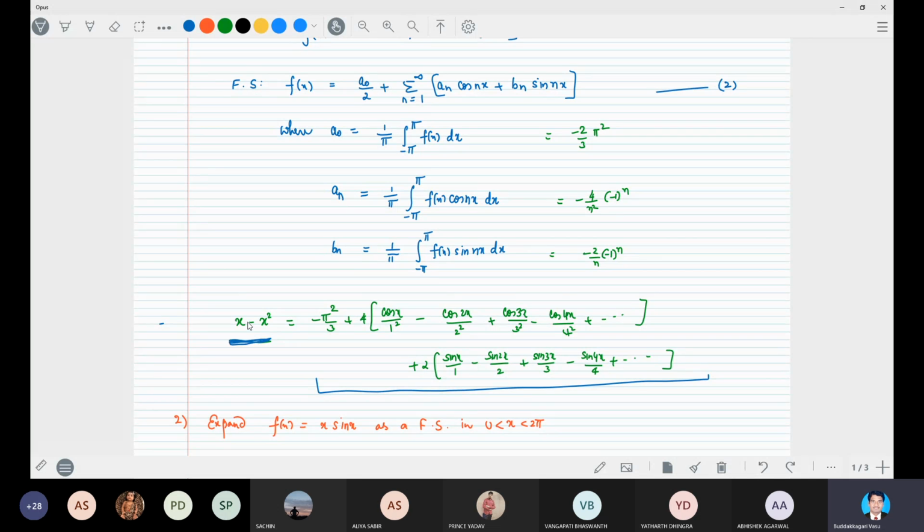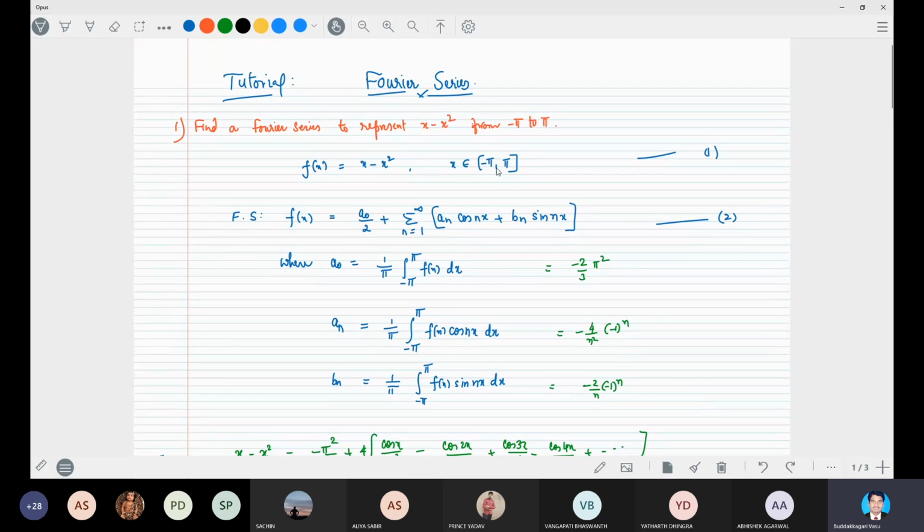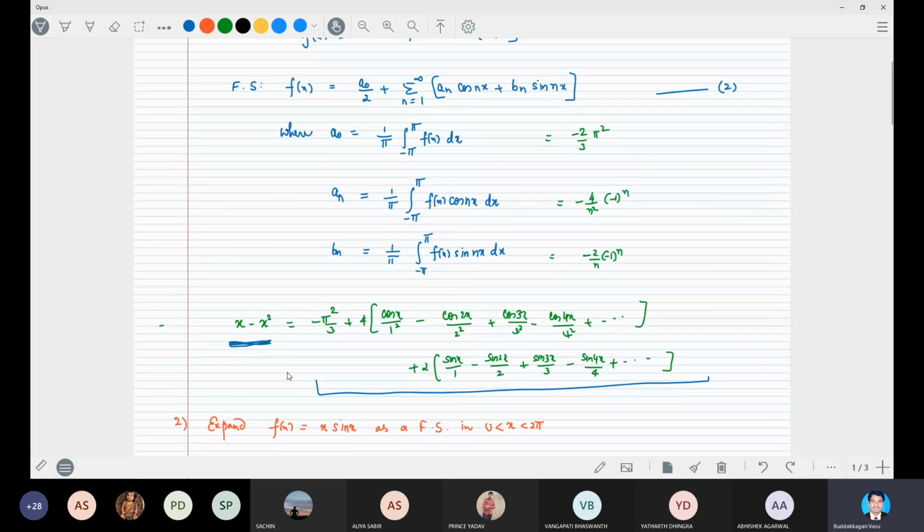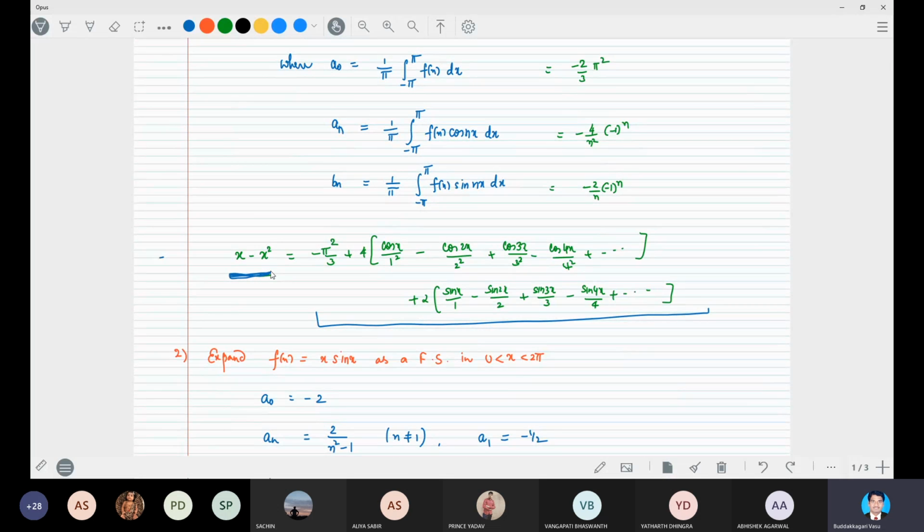Suppose you find the value of x minus x² at any point in the given interval, say 5/2 or 0, or any point. Can you understand what the RHS value will be? Is it a rational number or an irrational number?